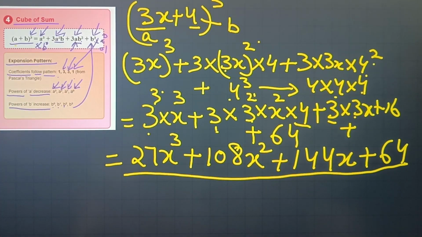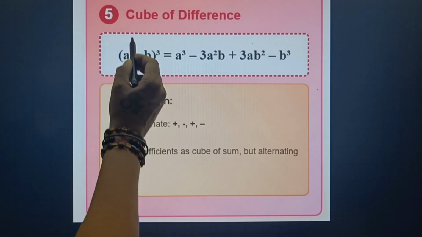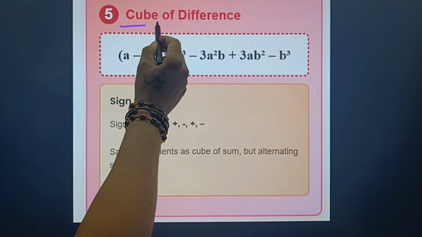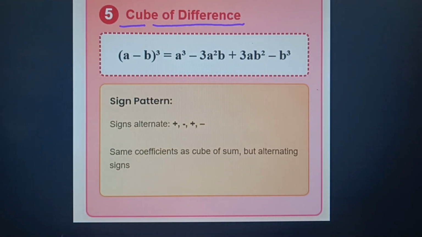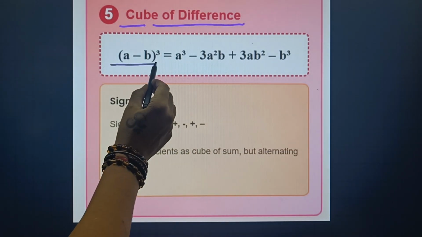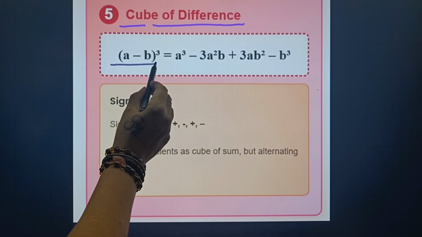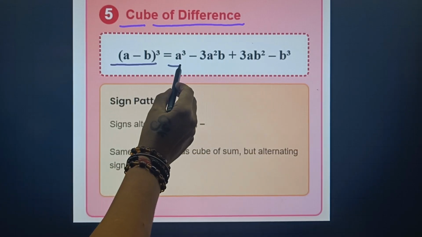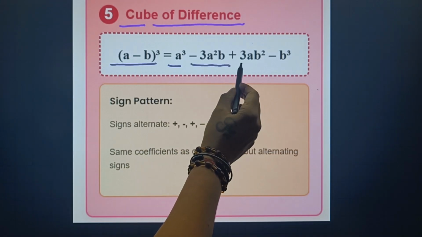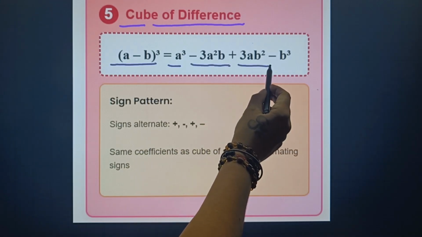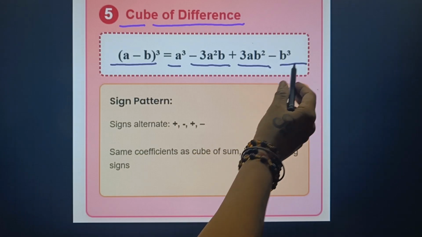Now let's move forward and discuss our next identity. So students, this is our next identity, which is cube of difference. Here we have a minus b whole cube, which is equal to a cube minus 3a square b plus 3ab square minus b cube.